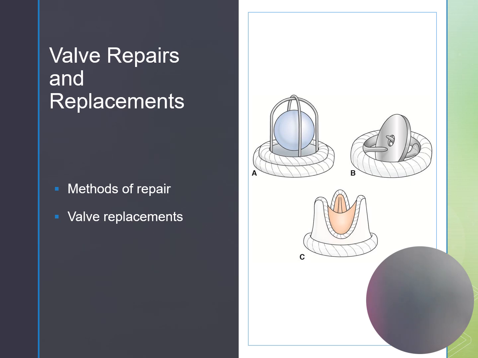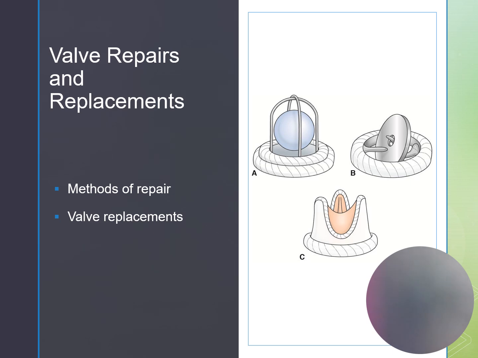A balloon valvuloplasty, where a balloon catheter helps stretch the stenosed valve. The cardiopulmonary bypass. A valvuloplasty, where we go in and repair the valve. Or an annuloplasty, where we repair fibrous rings that encircle the valve.